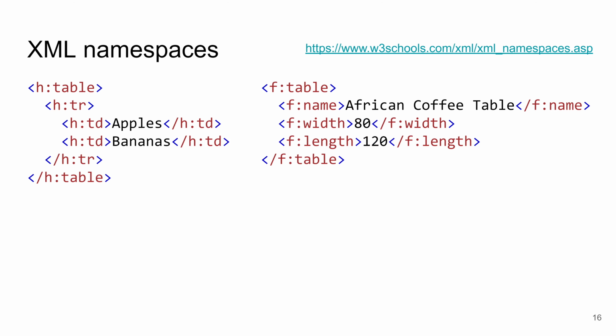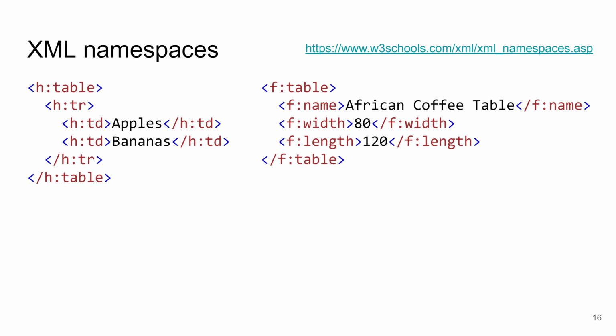We will basically encompass the elements in namespaces, which we will identify by a namespace prefix in scope of the document. So here we have two namespaces. We have a namespace prefixed h, which will contain all the XML element names regarding the table as an HTML table.